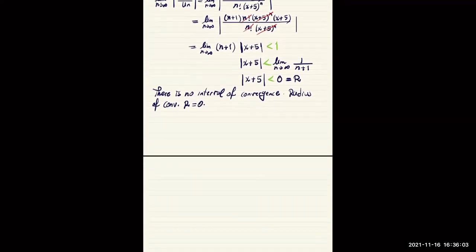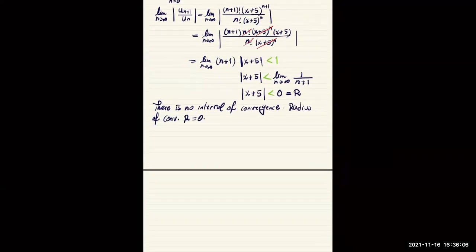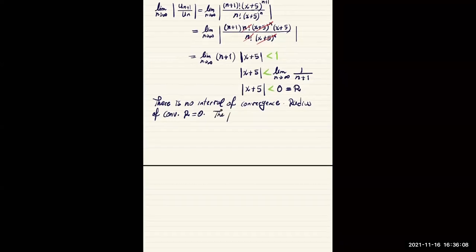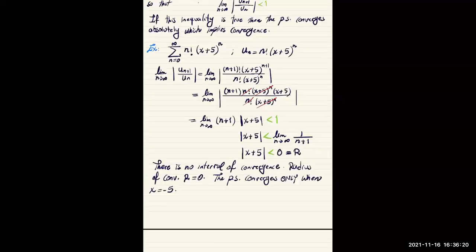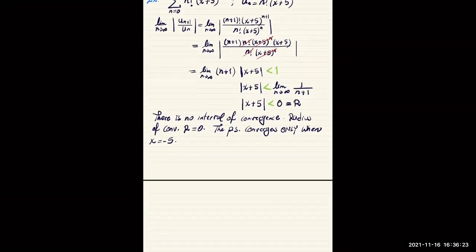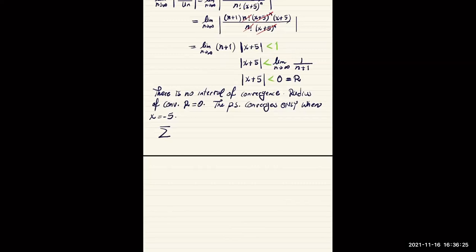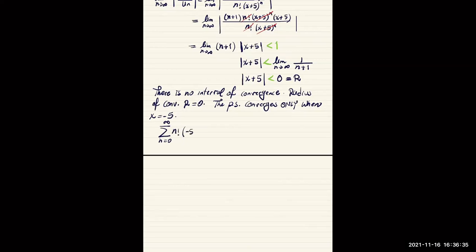The power series converges only when x is equal to -5. Because, as I said, if you expand the series, so that's n factorial times x plus 5 to the power of n.